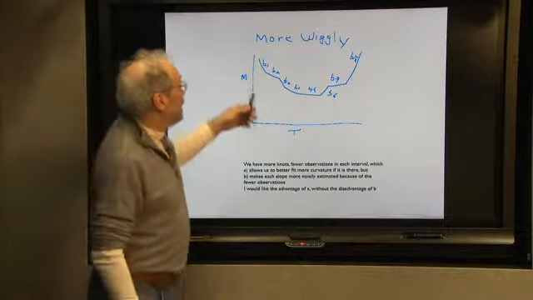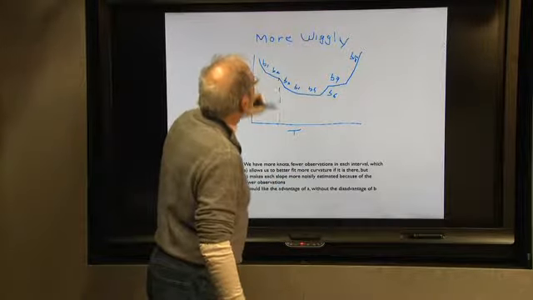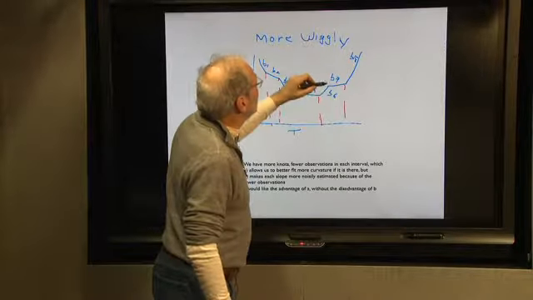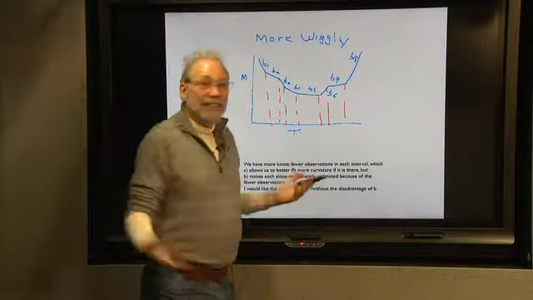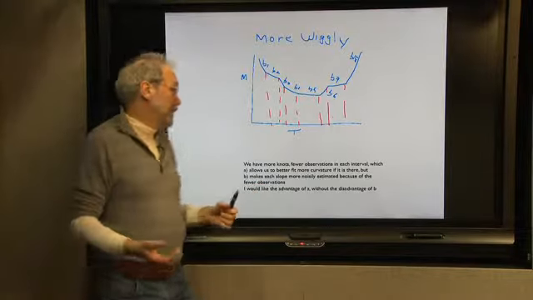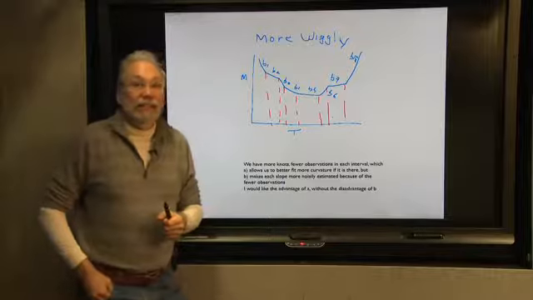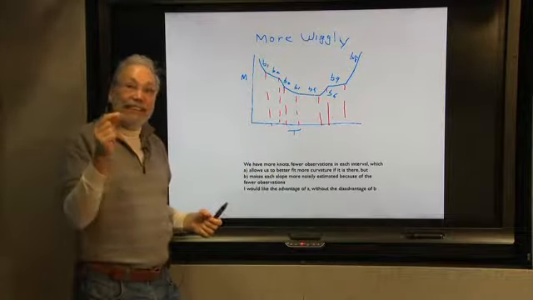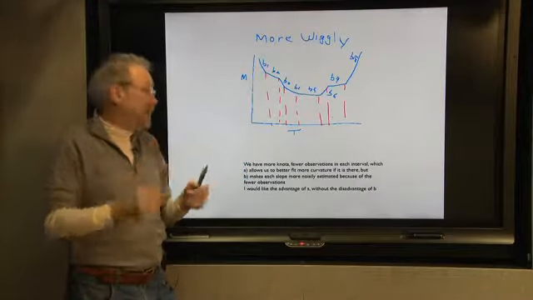And if I divided it into 8 segments, right, instead of 5, it would be even wigglier in principle. It's going to tend to be wigglier because we have fewer observations in each interval as I slice temperature into finer and finer intervals.